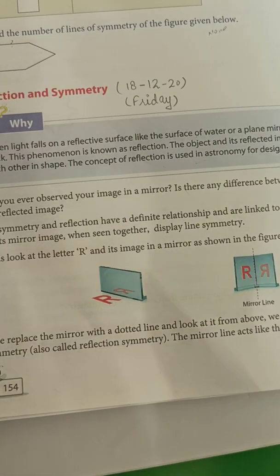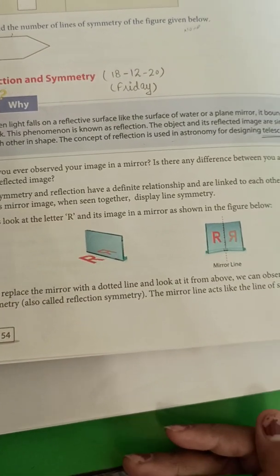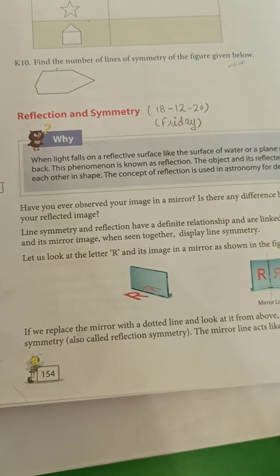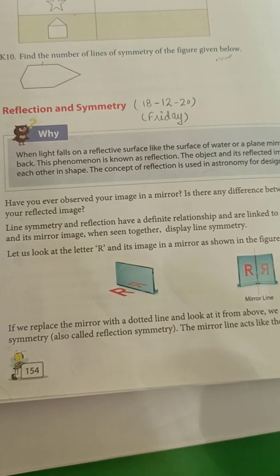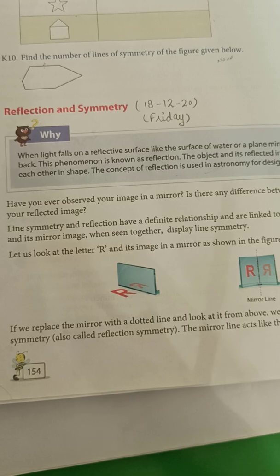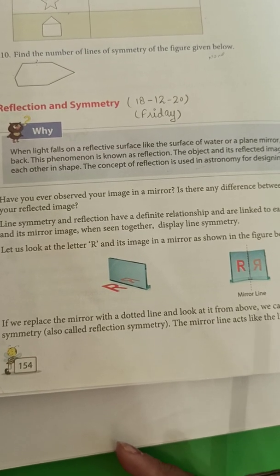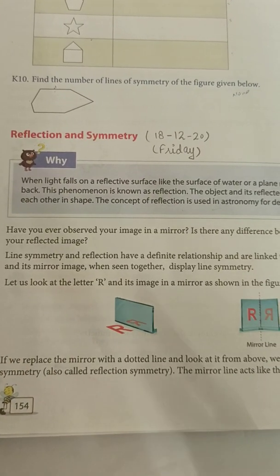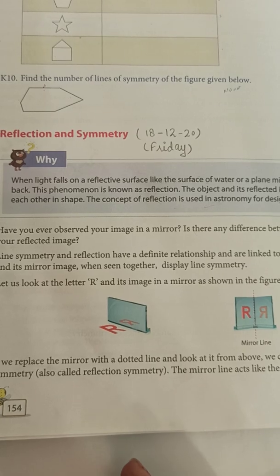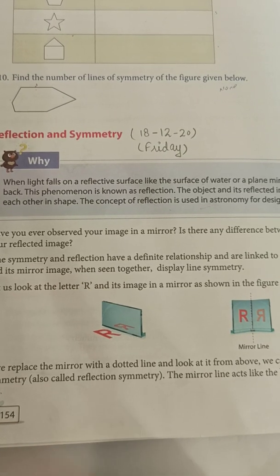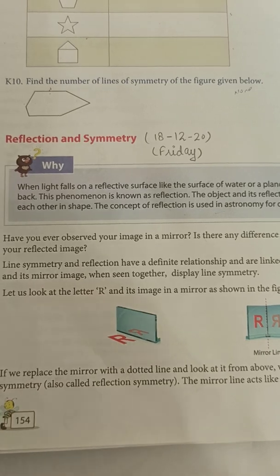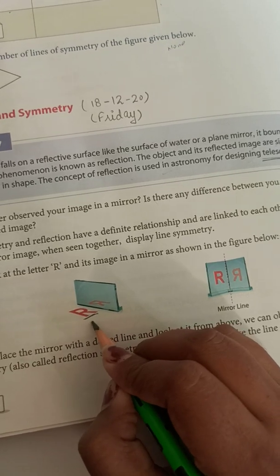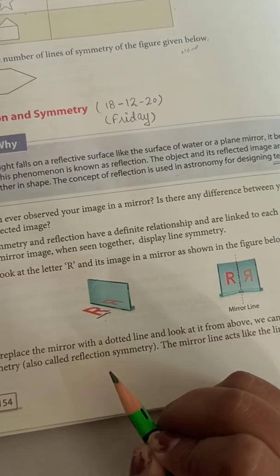Just the direction changes, because you observe in the mirror that if in reality you raise your right hand, in the reflected image it will show that your left hand is raised, right? When you look in the mirror, beta, if you raise your right hand, then the reflected image in the mirror shows that you are raising the left hand, right? So here just the positions change. See here the image of R, and see the image of R in the mirror.